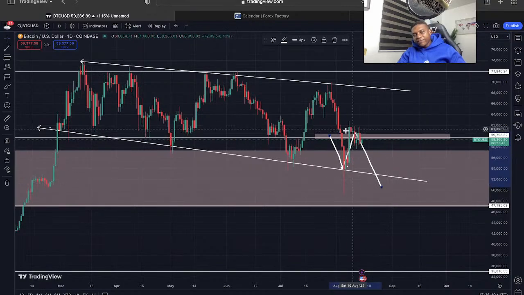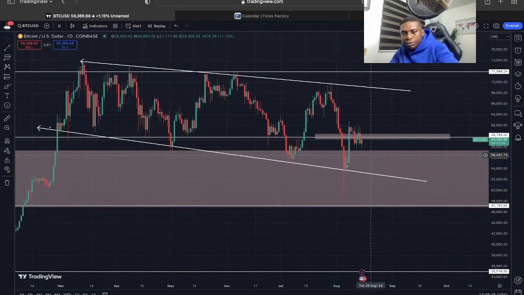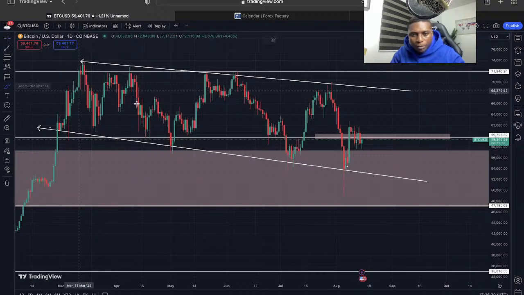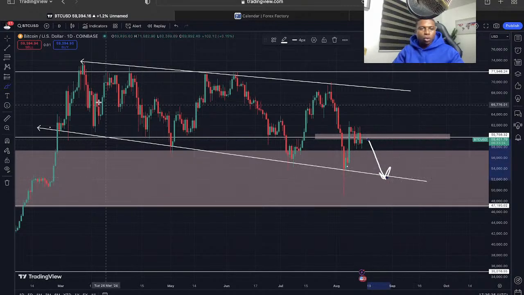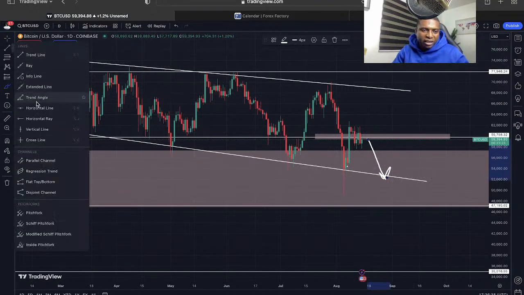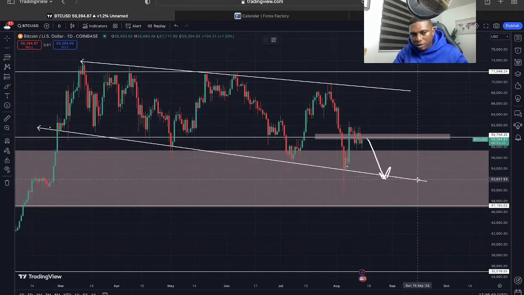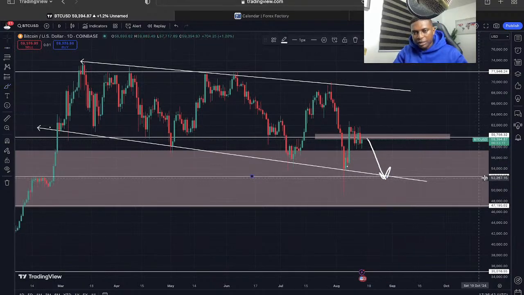If it doesn't break this resistance level, then what we are expecting to see on BTC is a further drop from this level downwards. So the benchmark would be here. That's the 52k region.